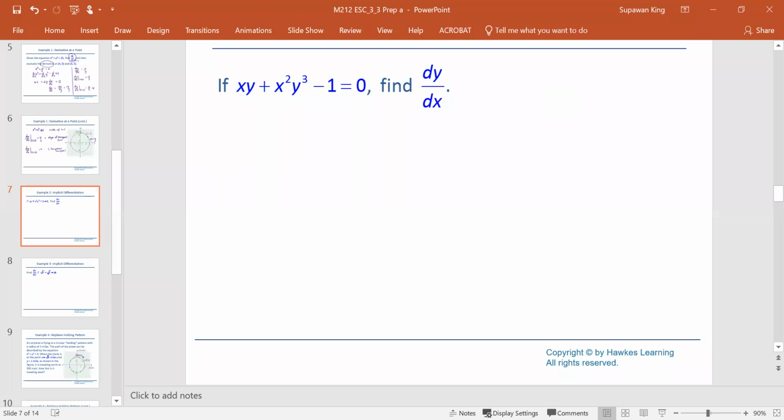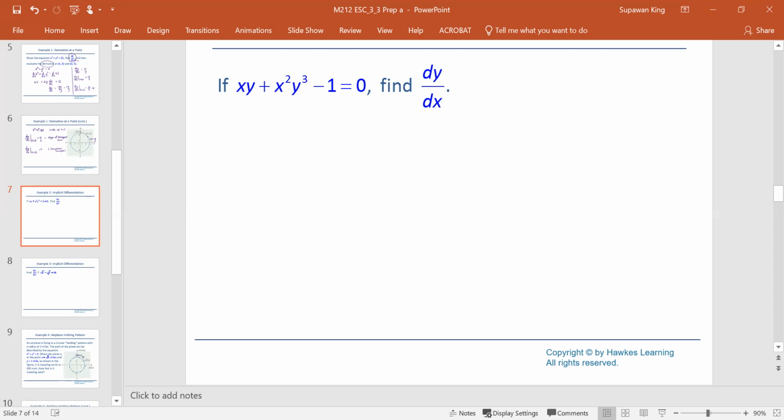Let's look at this example. If we have x times y plus x squared times y to the third minus 1 equals 0, find dy by dx. Another implicit function, with x and y all over the place.